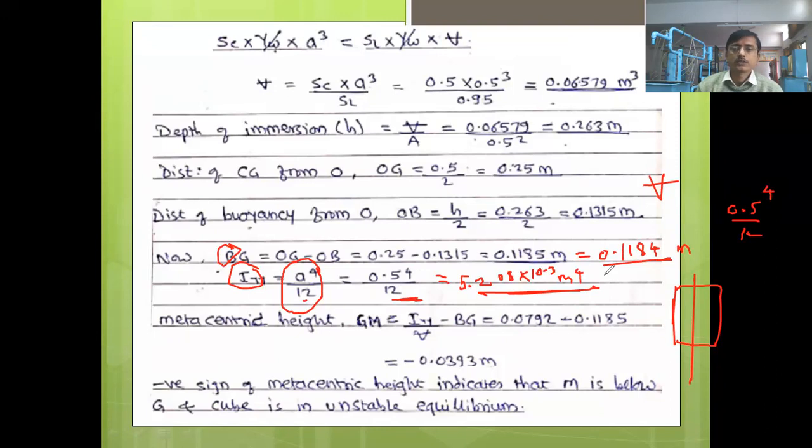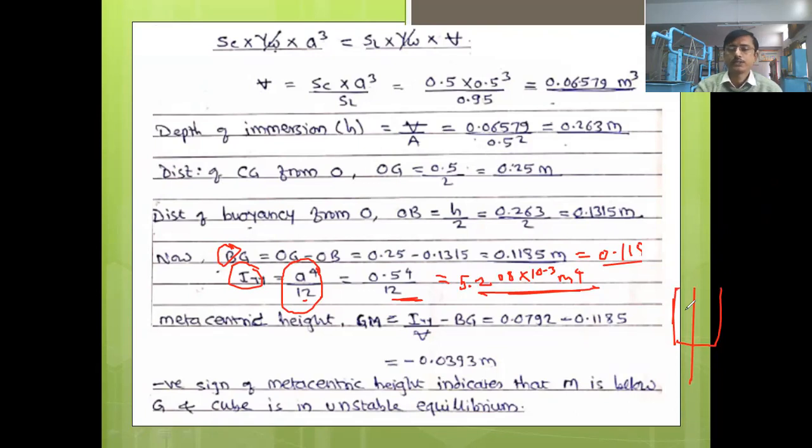Now put all these values in the equation and find out the answer. Volume of water displaced is 0.06579, minus the value of BZ, 0.1185, and I got here the value of metacentric height as 0.0 minus 0.039.